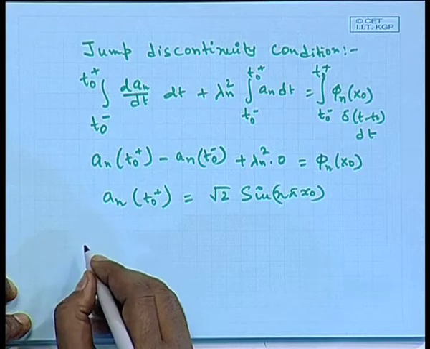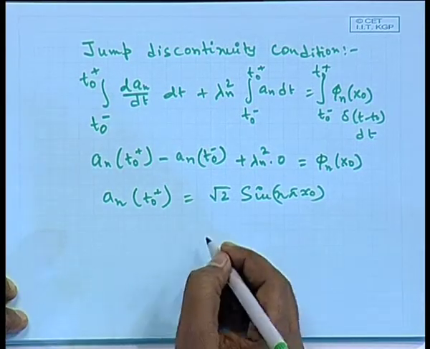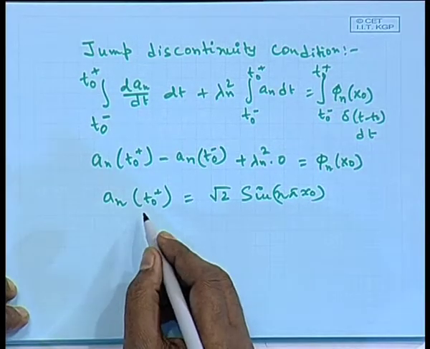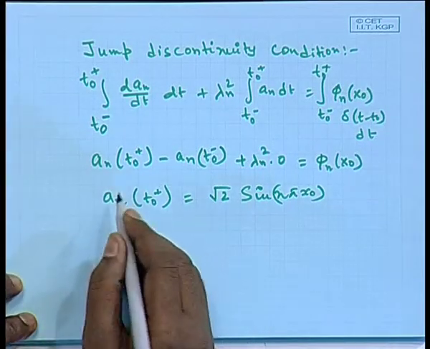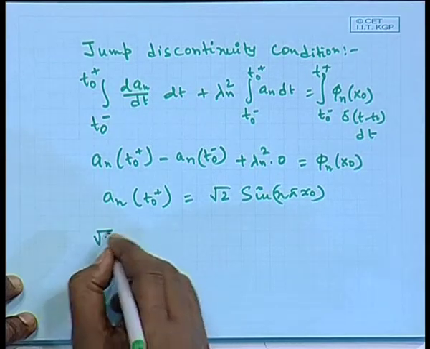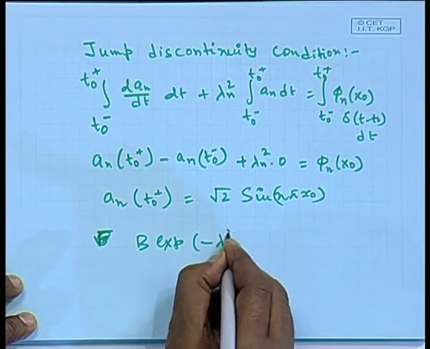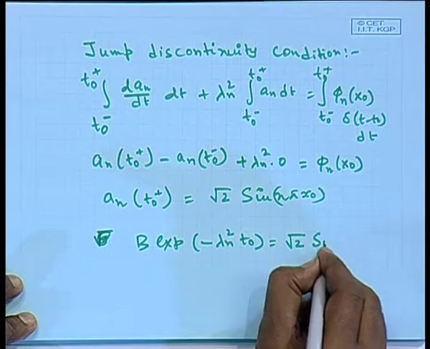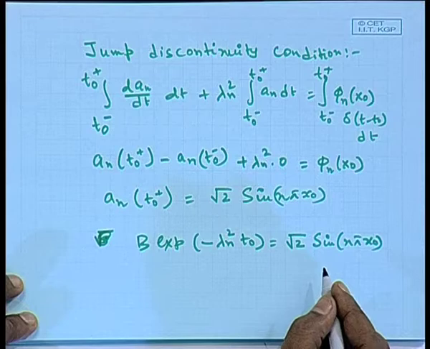Okay. So, now you use the continuity of Green's function at time t naught plus. And what is your a_n? a_n is nothing but b exponential minus lambda n square t. So, root over 2 b exponential minus lambda n square t naught should be equal to root over 2 sin n pi x naught. Agreed?